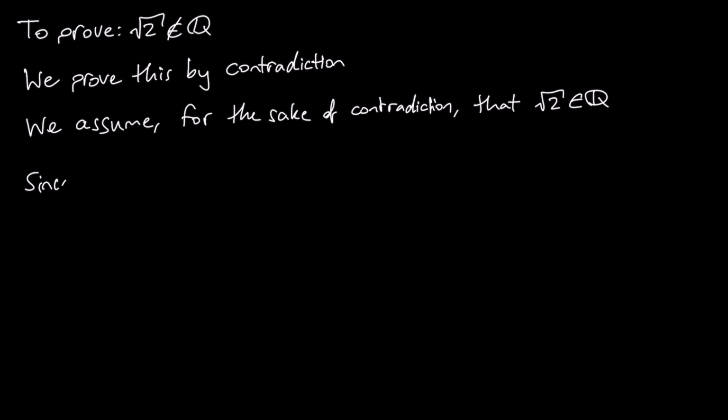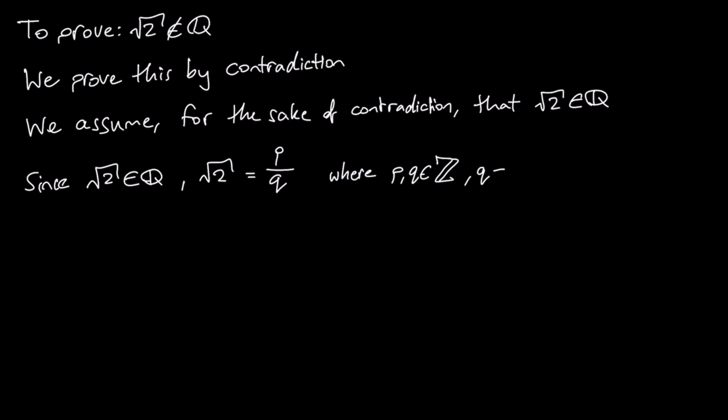So, since the square root of 2 is a rational number, we can write it as a fraction. So that means it's something like p over q, where p and q are both integers. q is non-zero.